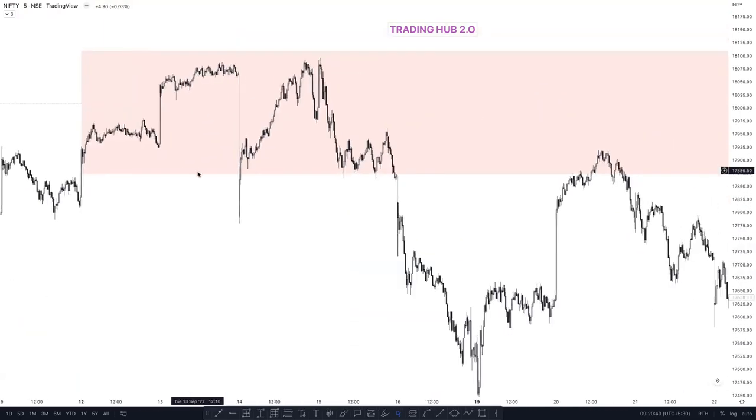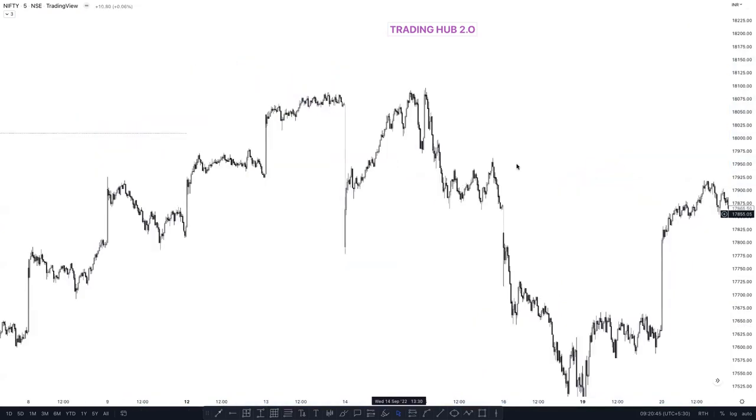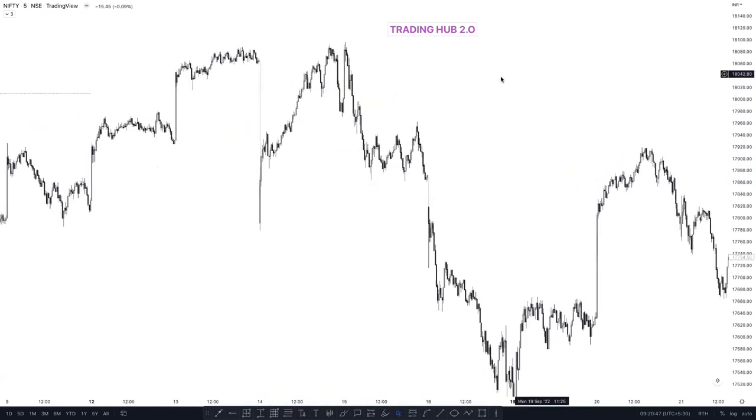So let me delete this one first. And this was our high, which was taken out, this one. And this high was taken out by this move. This is an inducement. And the higher high is here. So the high is confirmed.